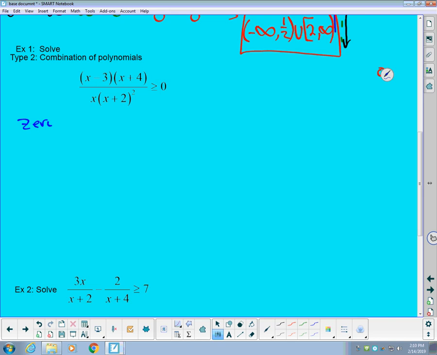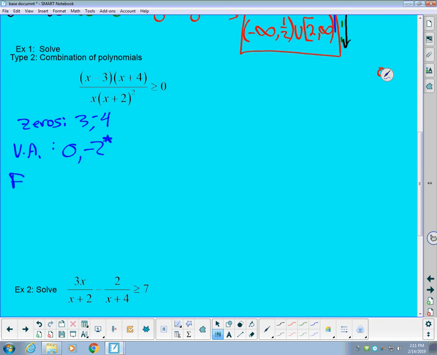So I can spot those as my zeros right away. Those are at 3 and -4. I can see that I have vertical asymptotes at 0 and at -2, and something special going on at that -2 because of the multiplicity on there.